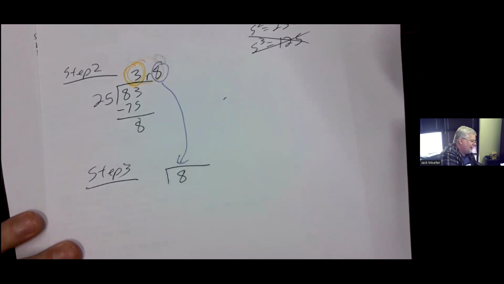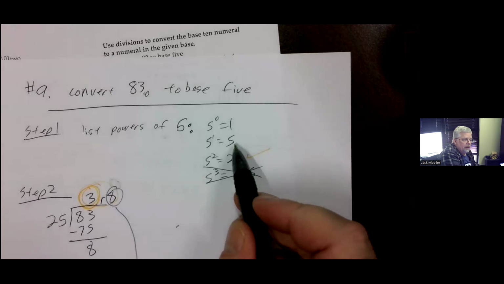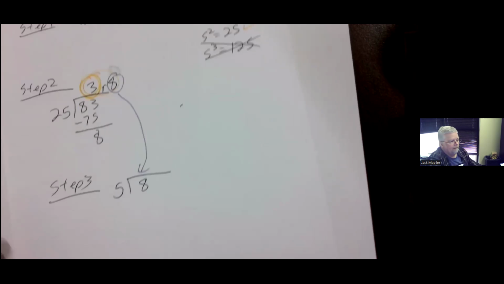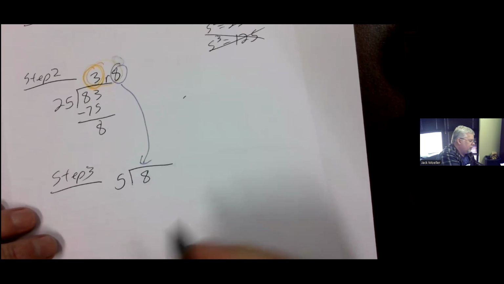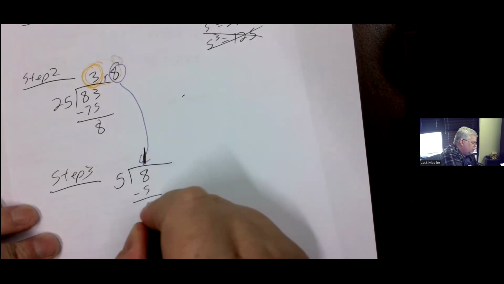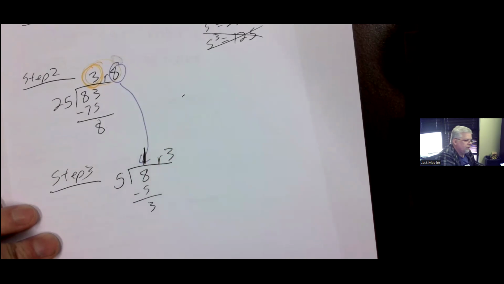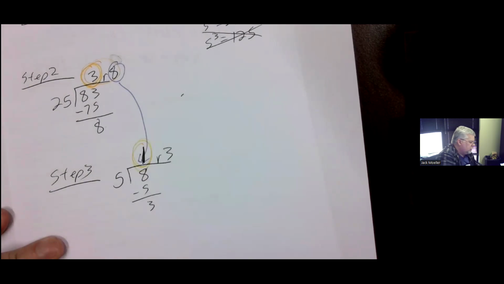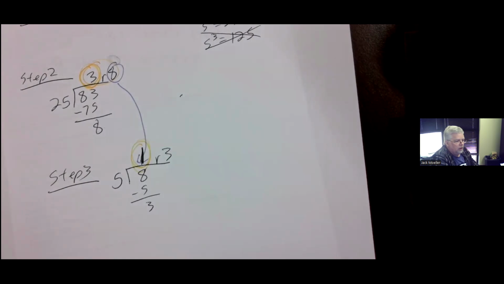So we're going to divide 8 by the next smallest one that we haven't used yet, which is 5. How many times does 5 go into 8? 5 goes into 8 once, with a remainder of 3. So again, keep track of that 1, because we'll need it later.